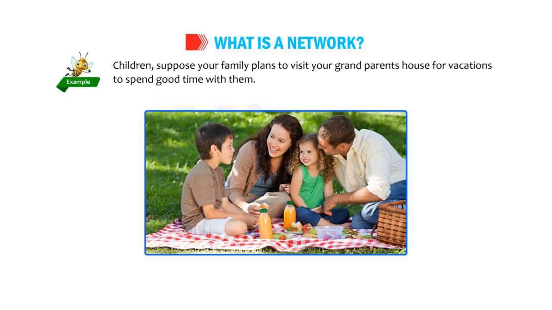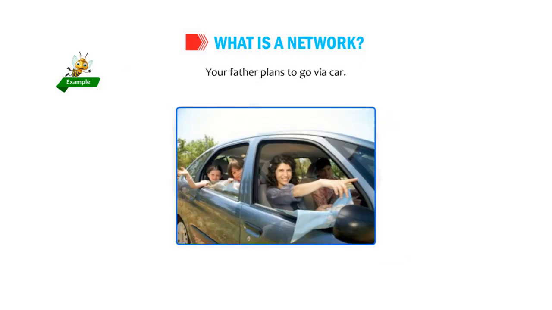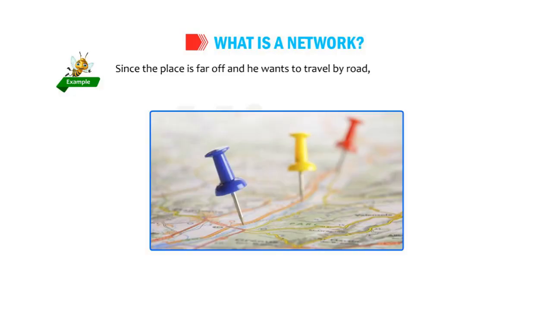So, before going further, I would like to give you one example. Children, suppose your family plans to visit your grandparents' house for vacations to spend good time with them. Your father plans to go via car since the place is far off and he wants to travel by road.